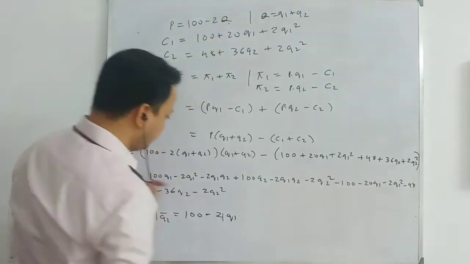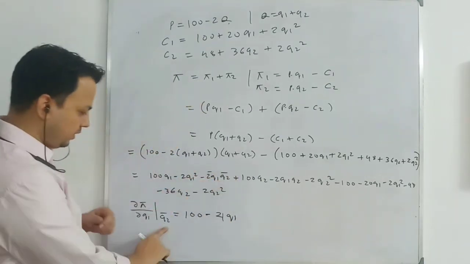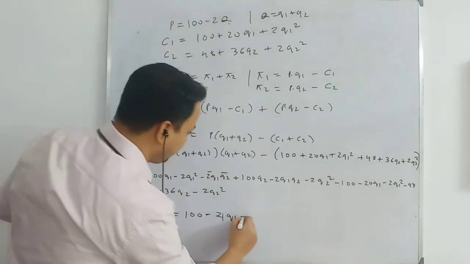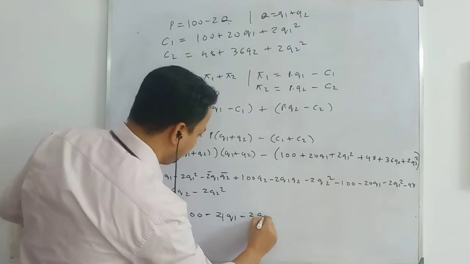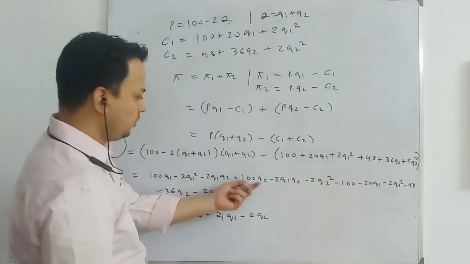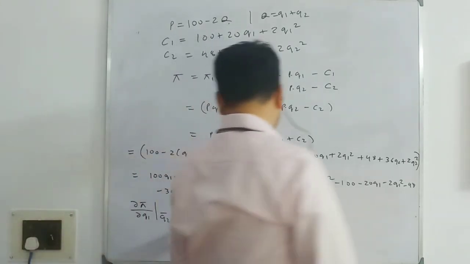For q1, here 2 is constant, q2 is constant. So q1 over q1 is 1, so you will be writing minus 2 q2. Now 100 q2: 100 is constant, q2 is constant, so this term will be 0.